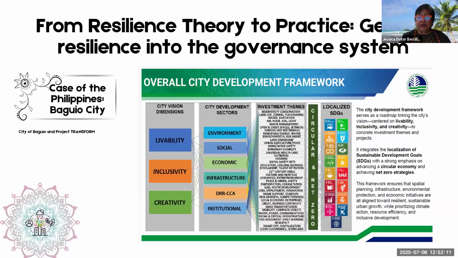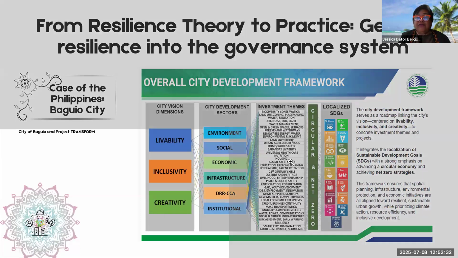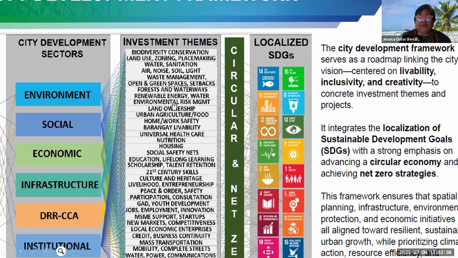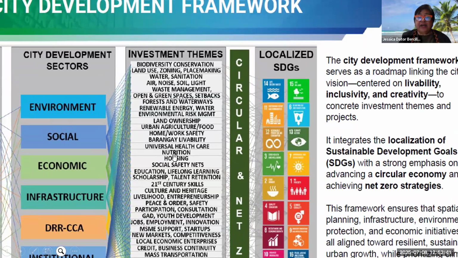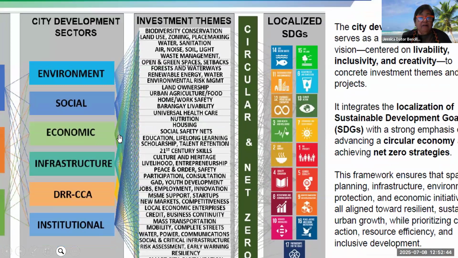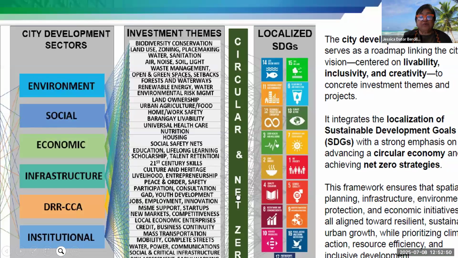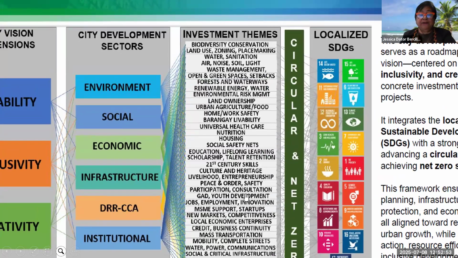But as expressed earlier, they had to make sure that their targets are embedded in the different city development sectors of environment, social, economic, infrastructure, and institutional mechanisms. And here you can find the different investment themes that they have, from biodiversity conservation, green spaces, renewable energy, participation, mobility, and all of these they consider as major contributors to resilience building.